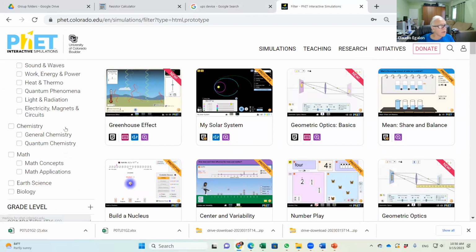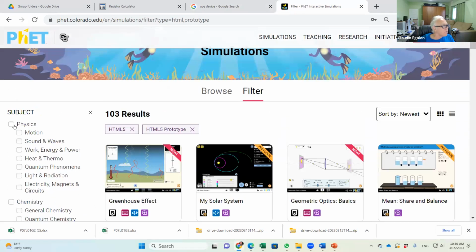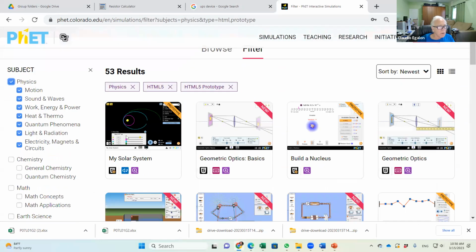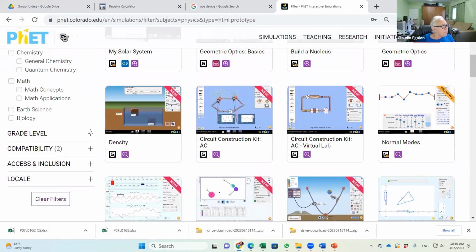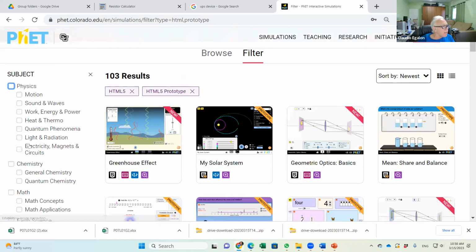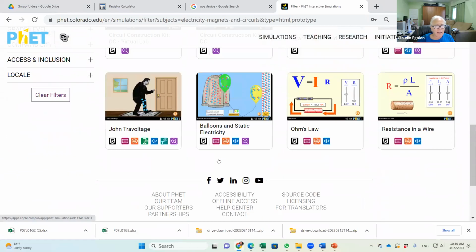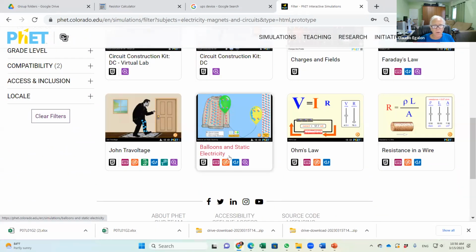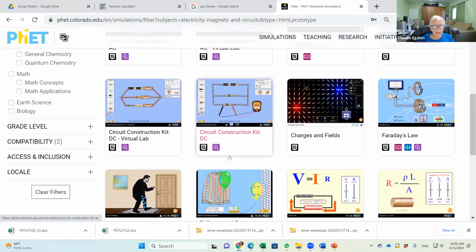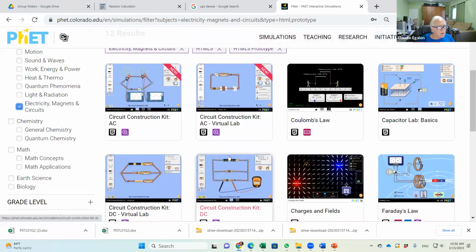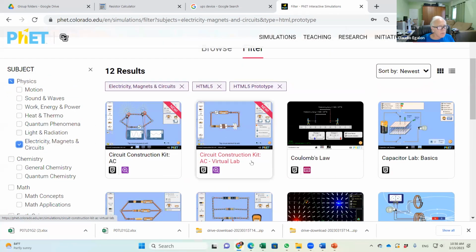Motion, electricity. Yeah, it's only physics. Okay, and I want only electricity. Let's see if it's true. Okay, you have all those simulations on electricity here. Okay, and the one I want to show you is, let's try this one.